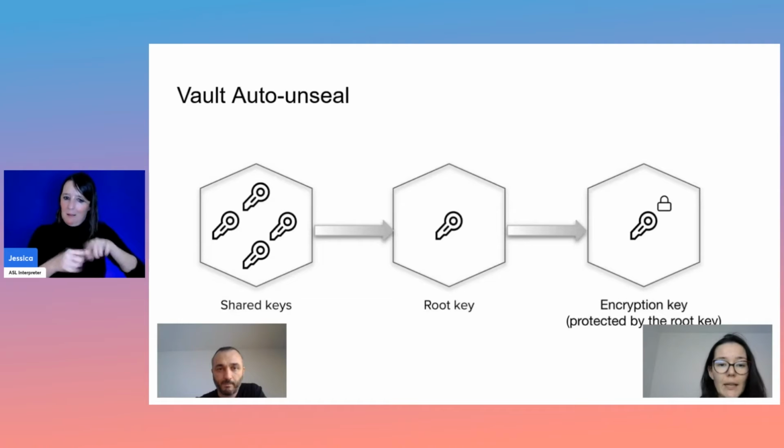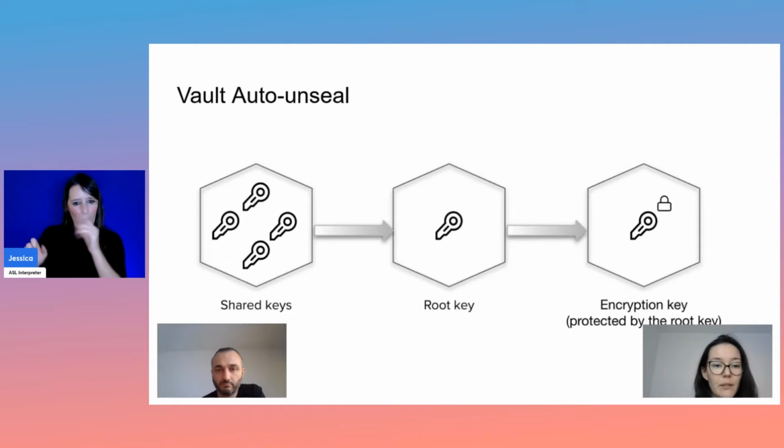In a manual unsealing process, the availability of Vault is directly tied to the availability of the personnel holding the unseal keys. This dependence can pose significant risks, especially in scenarios like off-hours incidents or situations where key holders are unavailable.